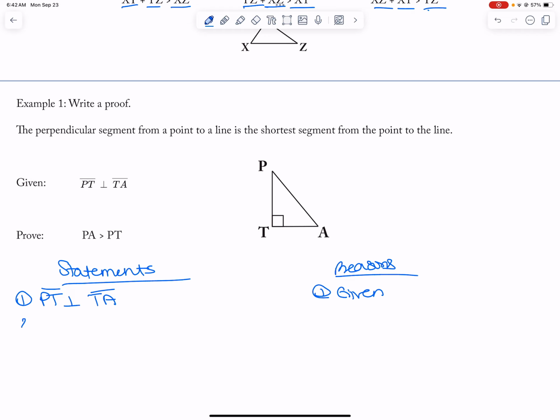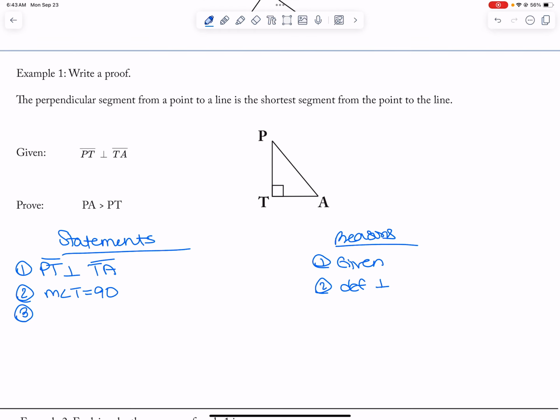So then measure of angle T has to be equal to 90 degrees, definition of perpendicular. And then 3, measure of angle P plus measure of angle T plus measure of angle A has to equal 180 degrees, and that's the triangle angle sum theorem.